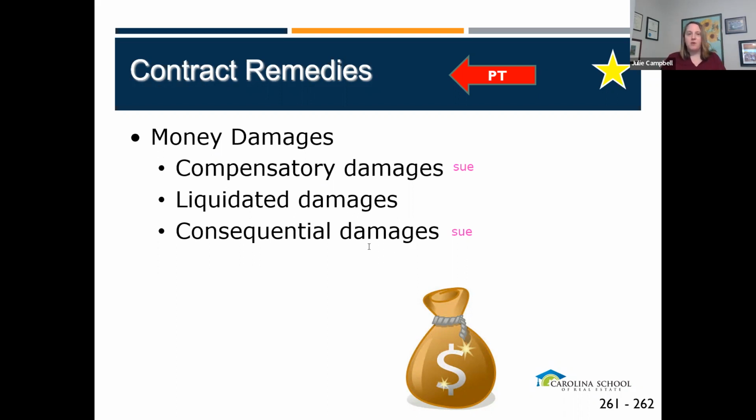There, for example, is a provision in our offer to purchase and contract that says if the buyer or any of the buyer's agents, and in this case, we're referring to anybody that the buyer hires, so the broker, the home inspector, the appraiser, if anybody damages the property, the seller could sue the buyer for consequential damages.